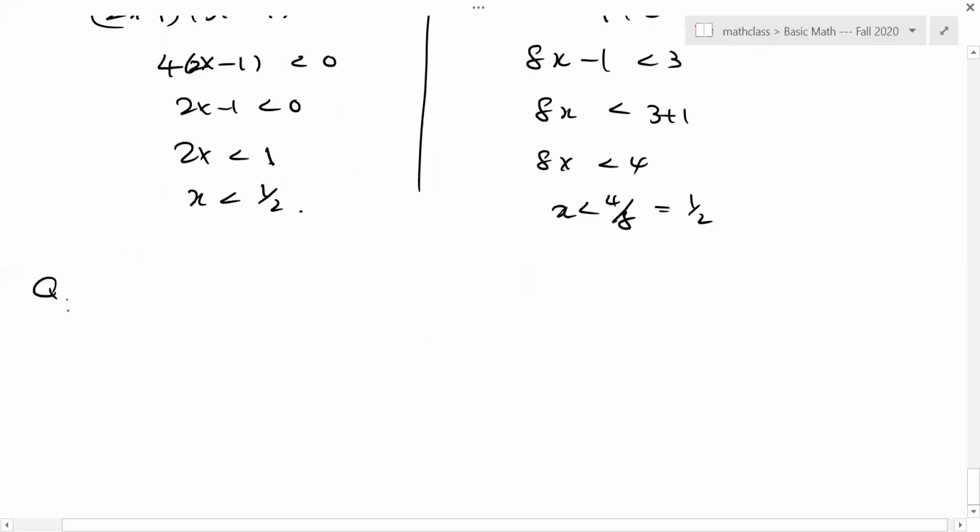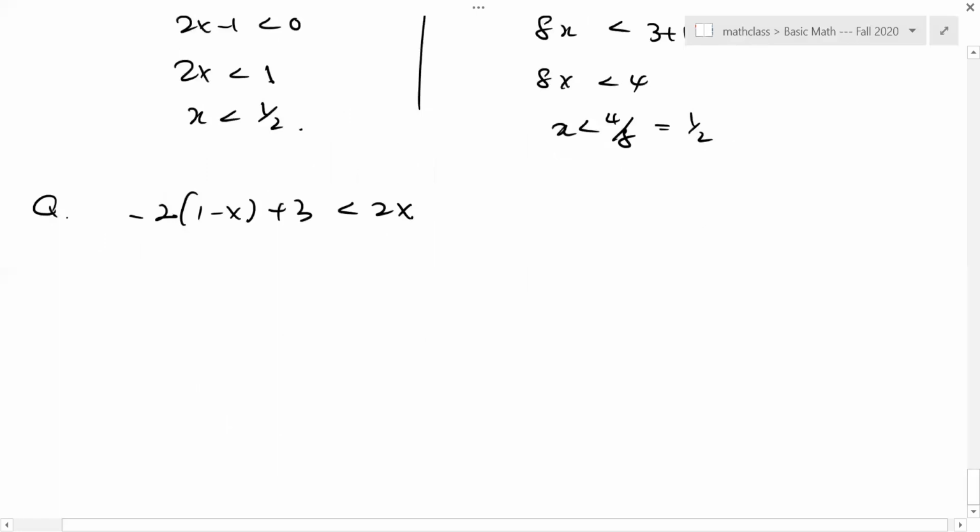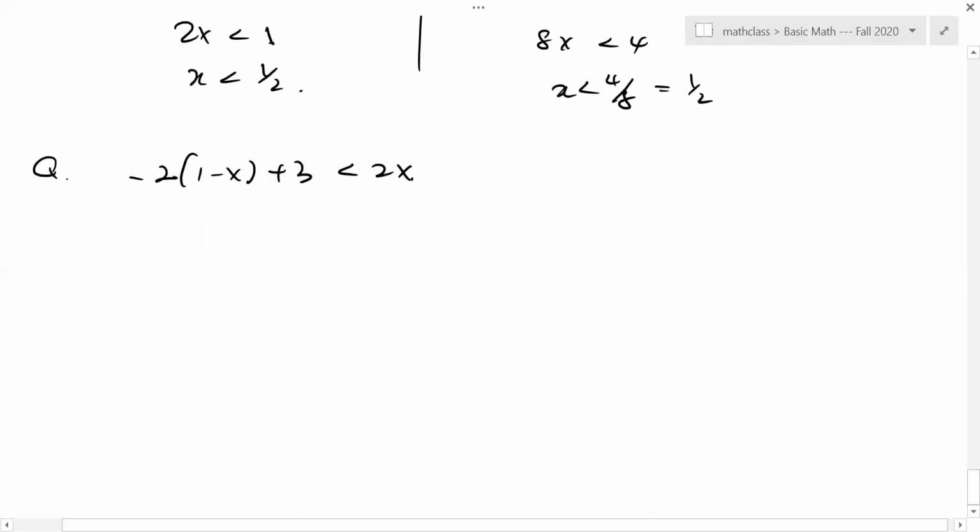All right, how about this one? -2 times 1 minus x plus 3 less than 2x. I hope you can work out this problem in class, okay?